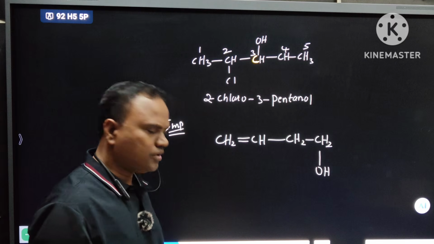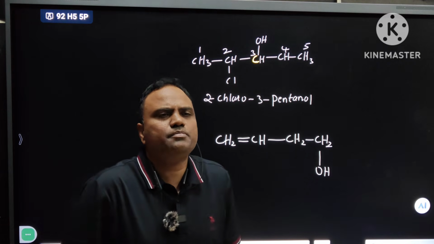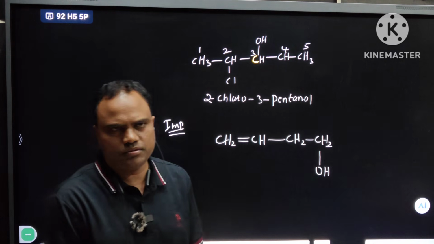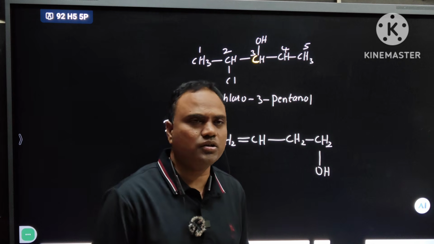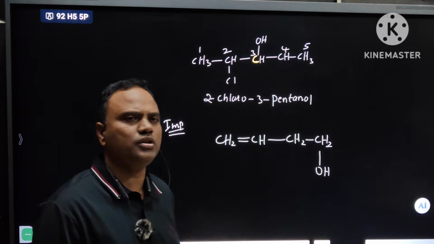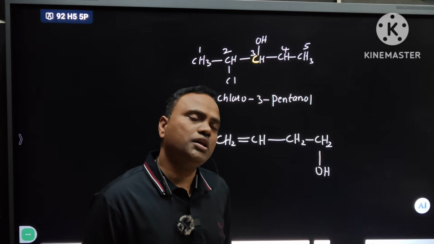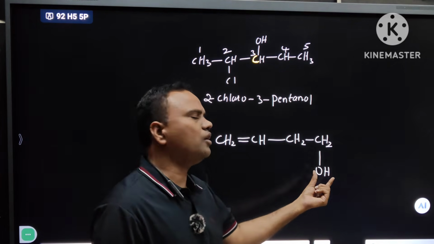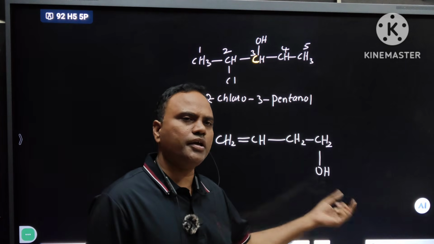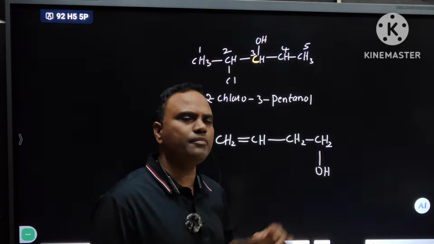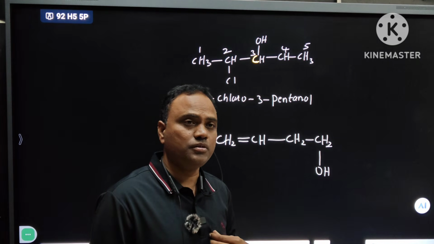See, when a double bond is present in combination with any other functional group, means double bond alcohol, double bond aldehyde, double bond ketone, double bond carboxylic acid, clear?